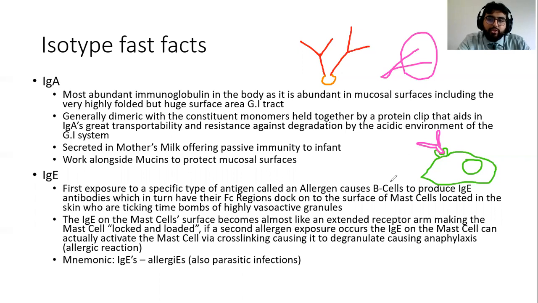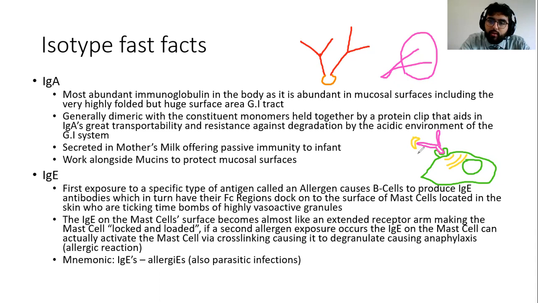If that allergen is encountered again, and it's encountered by the mast cell, the receptor on the mast cell will detect that the antibody has bound something, and in turn will signal the mast cell to do something called degranulation.